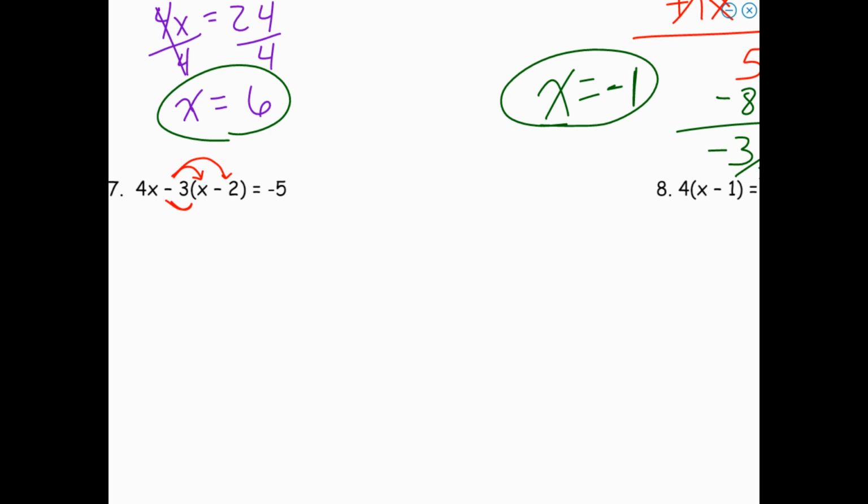But there's 4 x's. These x's are just 4 x's. They're in a group by themselves, yes. That negative 3 doesn't affect them.